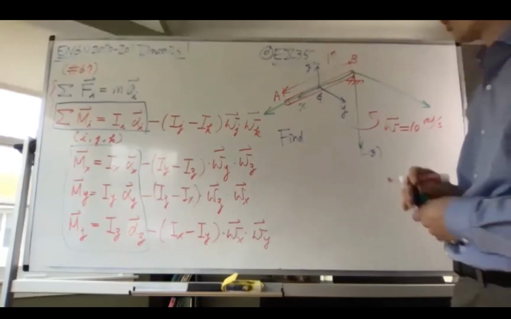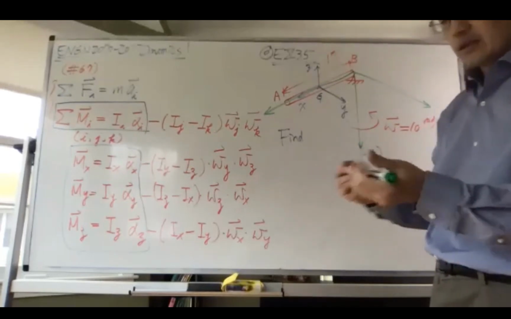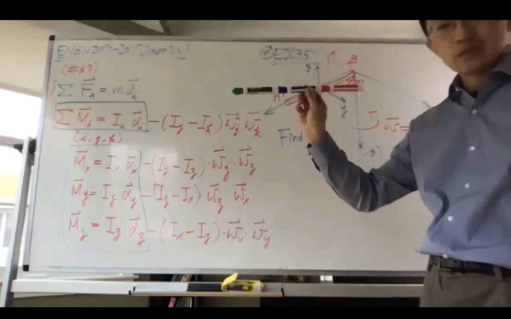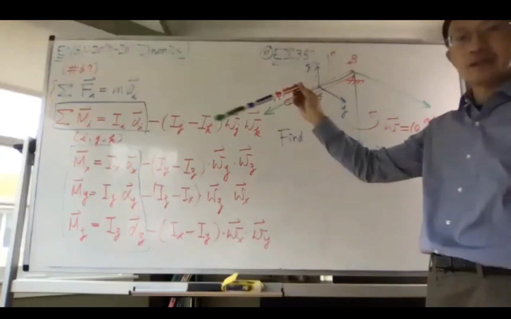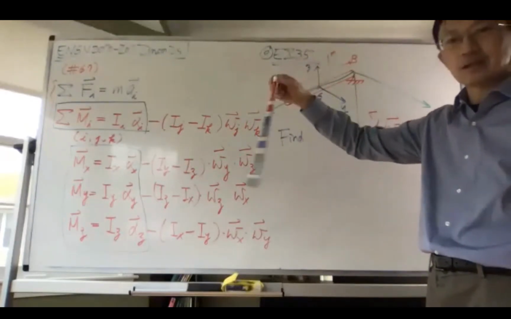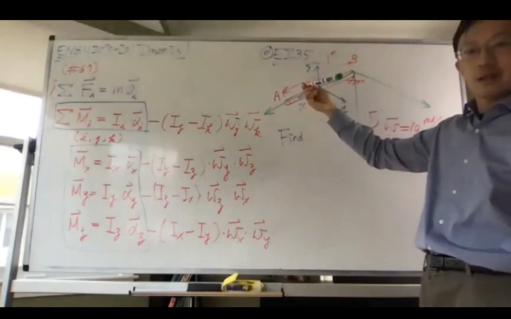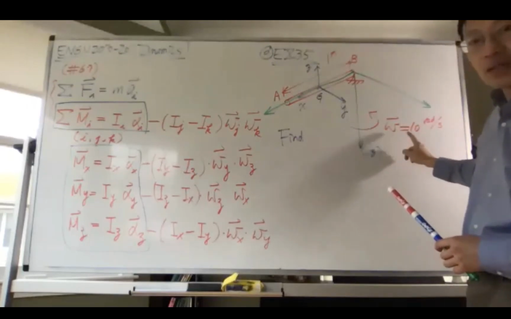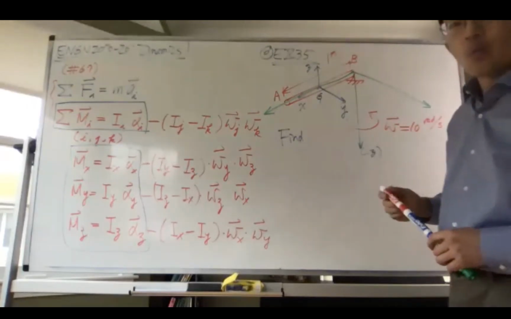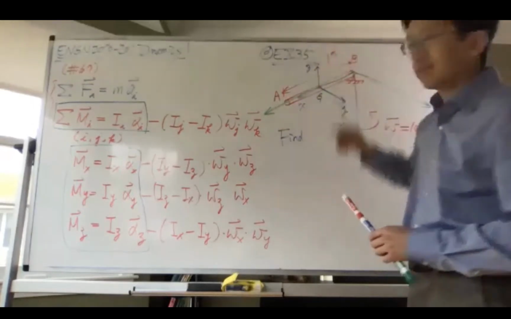So what's the question? Remember, imagine that this bar is like this. I'm going to hold the end of the bar and let it spin like this. You can imagine it's going to spin like this. During this angular motion, with omega being 10 radians per second, what will be the reactions at point A and point B?